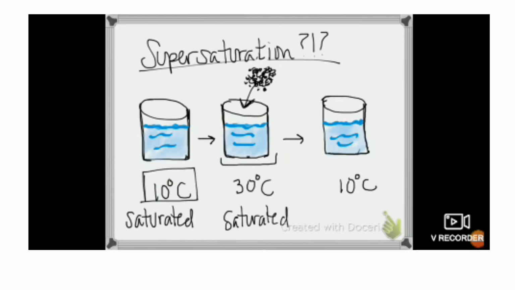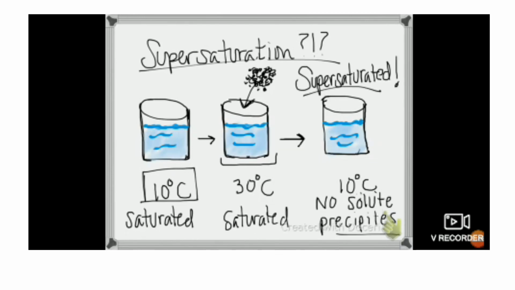Okay, so far so good. Two saturated solutions. Where does this supersaturation come in? If I can cool that solution from 30 degrees back down to 10 degrees and no solute precipitates out, then I have a supersaturated solution.